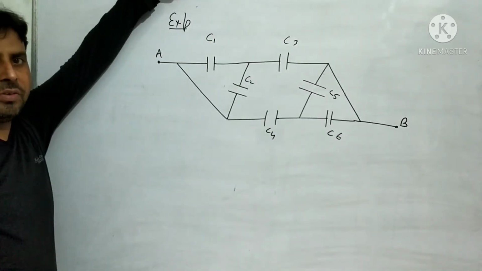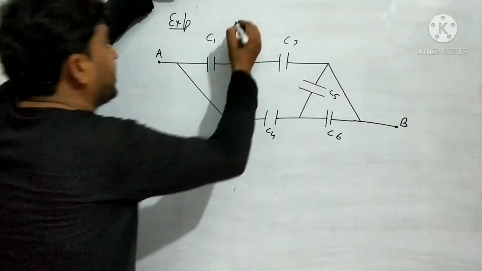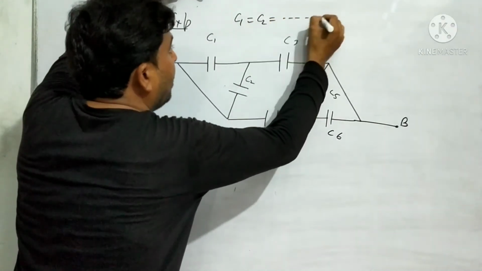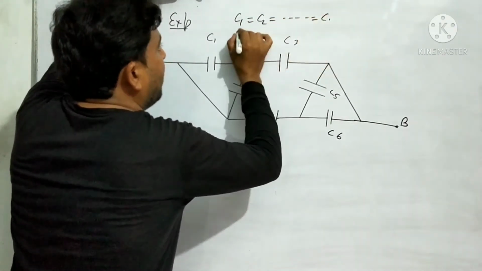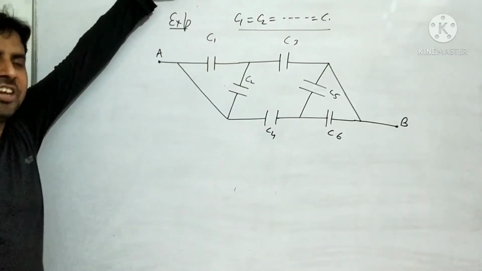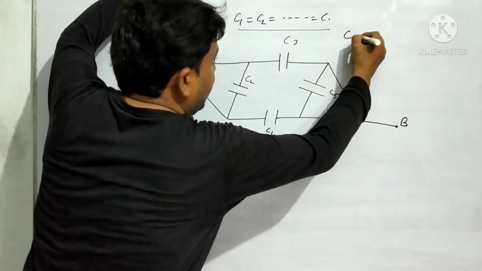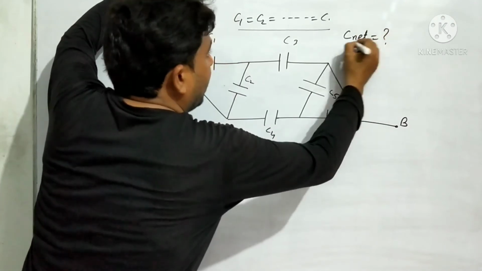This is the combination. And every capacitance has the value C1 equal to C2 equal to and so on, C. What is the value of all? Equal to C. Then what will be the net capacitance? C net we have to calculate.